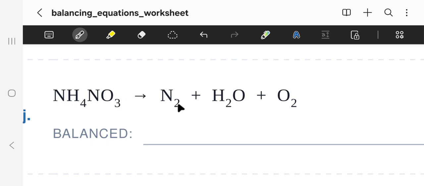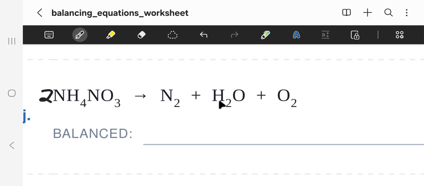So with this one, guys, I can simply look at the fact that I have 2 nitrogens on the right but 1 on the left. So I can just put 2 here. When I put 2 there, it means I have 2 nitrogens on the left and 2 on the right. They are balanced. Let's check the hydrogens. For the hydrogens, I have 2 times 4. That is 8 hydrogens on the left.